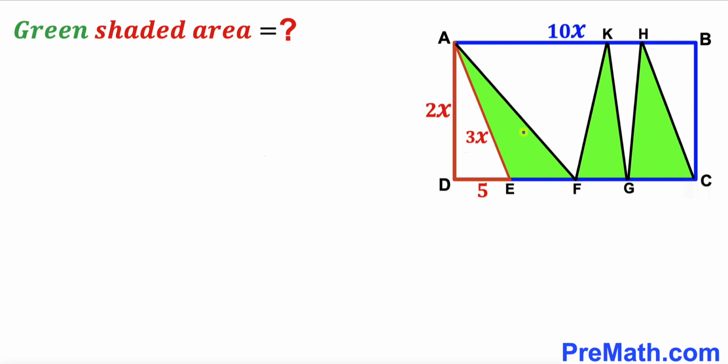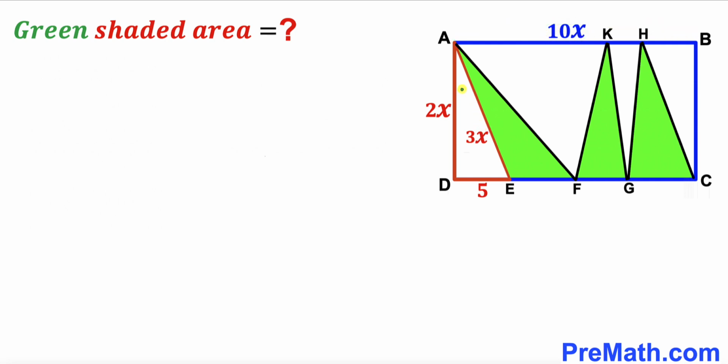Welcome to PreMath. In this video, we have these three green shaded triangles fully confined in a rectangle A, B, C, D, as you can see in this diagram, such that the side length of this rectangle AB is 10x.